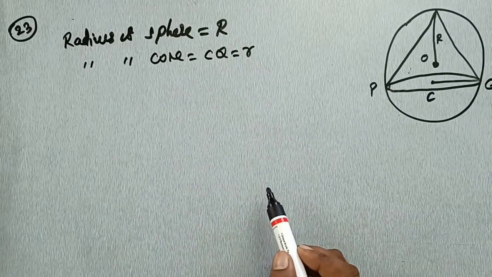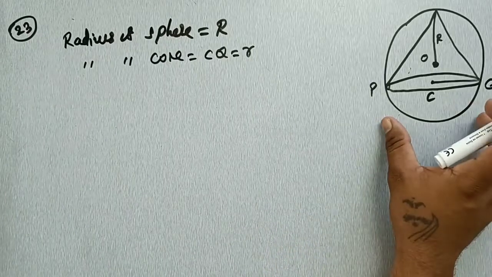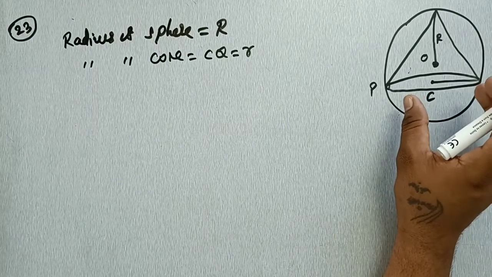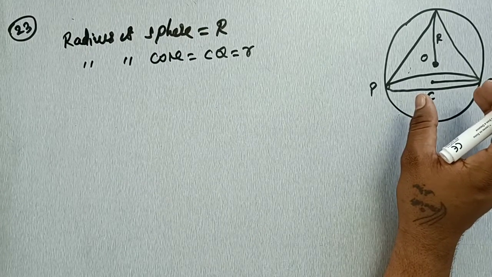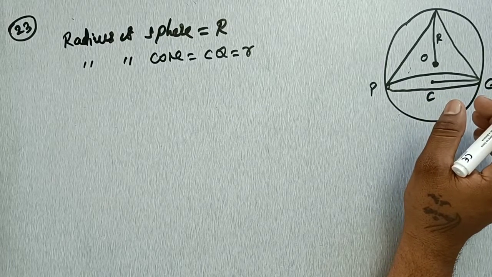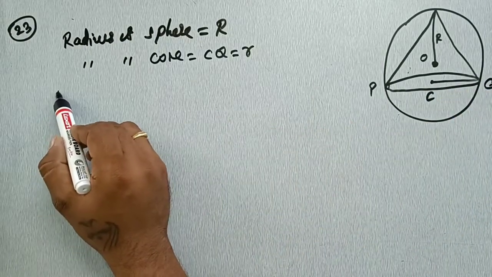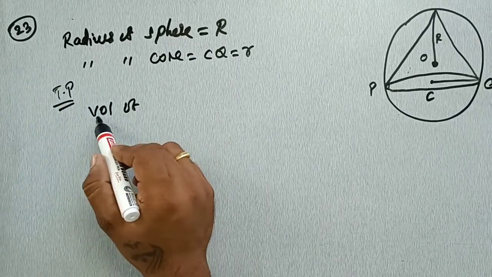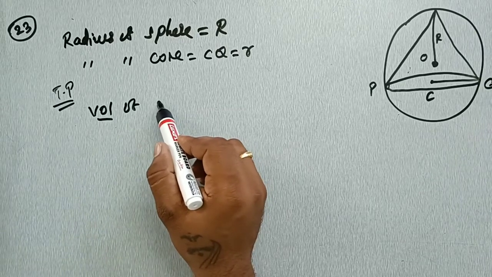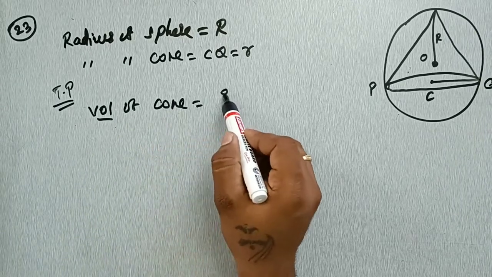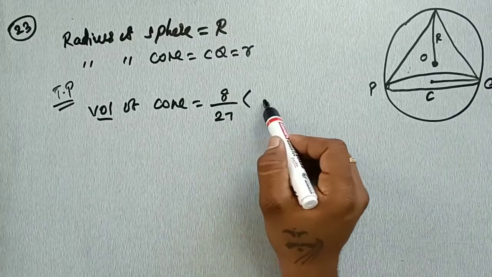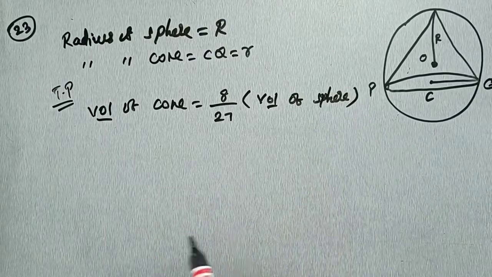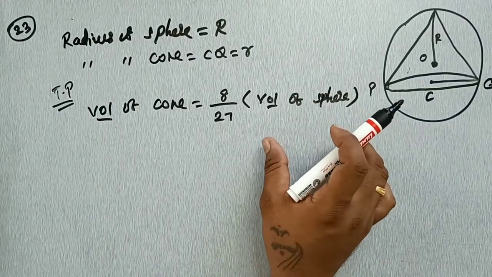Now what is the complete question? A sphere is there. Inside the sphere we are taking a cone. That cone is the largest cone, whose volume equals 8 by 27 of the volume of the sphere. So what we need to prove is that the volume of the cone equals 8 by 27 times the volume of the sphere. What is to be maximized?